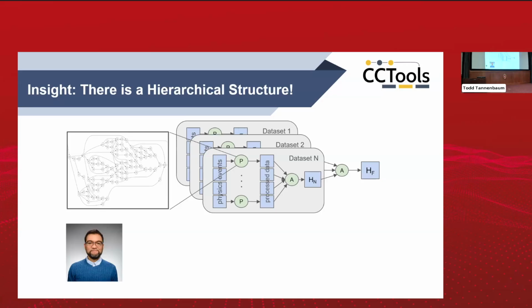He went away and sketched a picture like this. He said, what we have here is a MapReduce. Who knows about MapReduce? A bunch of people. Okay, so you know MapReduce is a nice, handy abstraction for doing things. It's a MapReduce at the top level because we're processing each of these data sets and then reducing something as a result.